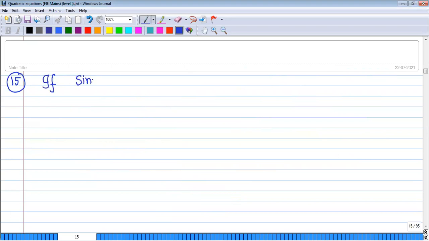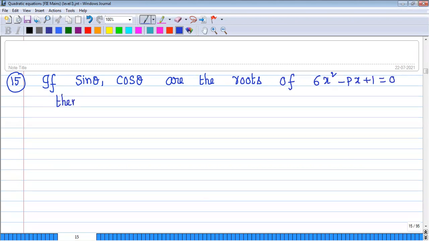If sin theta, cos theta are the roots of 6x square minus px plus 1 equals to 0, then p square equals to: first option 40, second option 48, third option is 36, fourth option is 24.